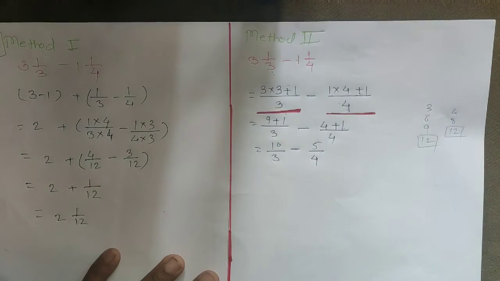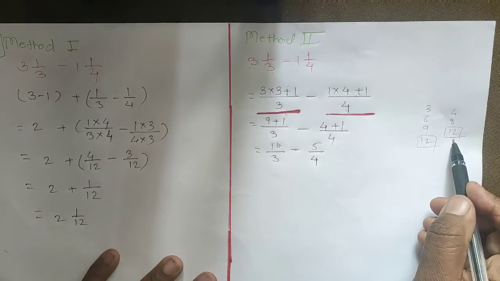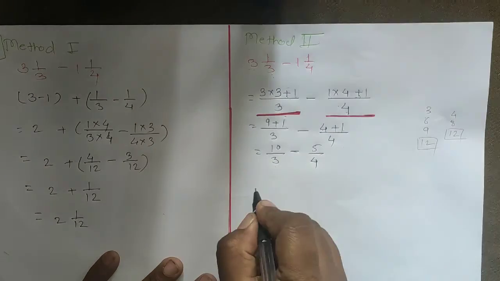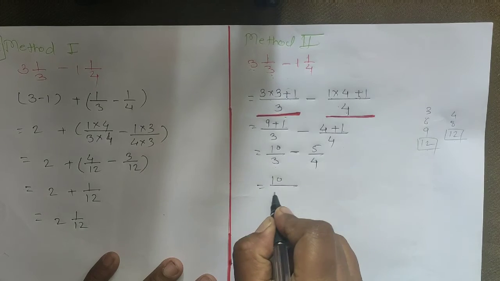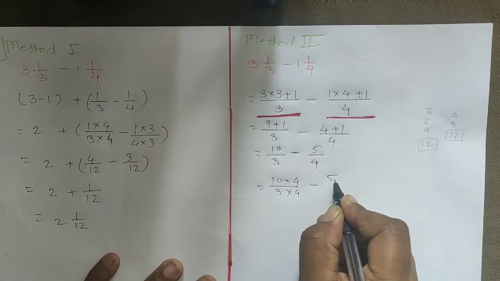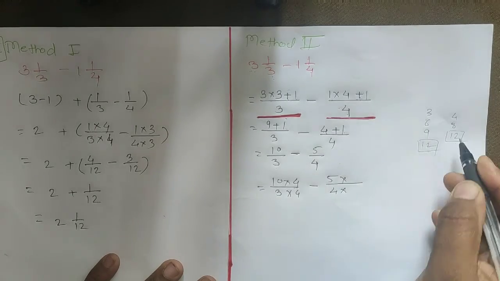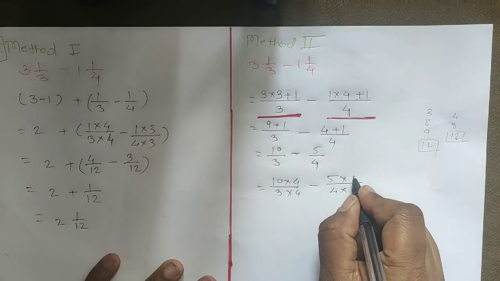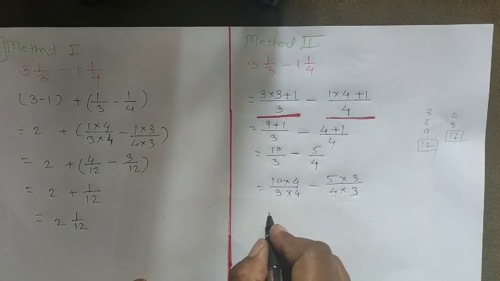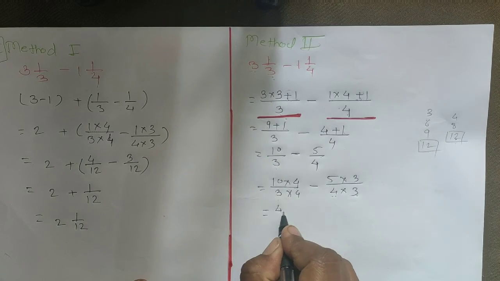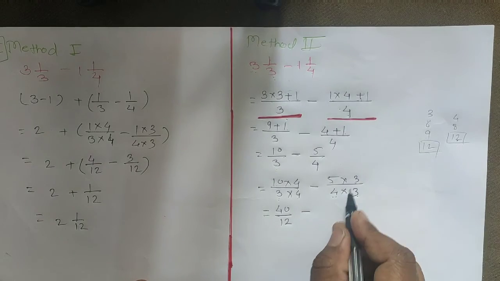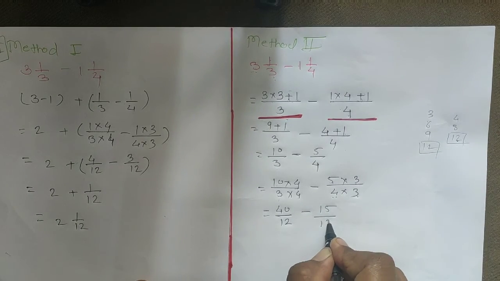So to convert this fraction into the same denominator, we multiply 10 upon 3 by 4, and minus 5 upon 4 into 3, because 4 threes are 12 and 3 fours are 12. So 4 tens are 40 upon 4 threes are 12, minus 5 threes are 15 upon 4 threes are 12.